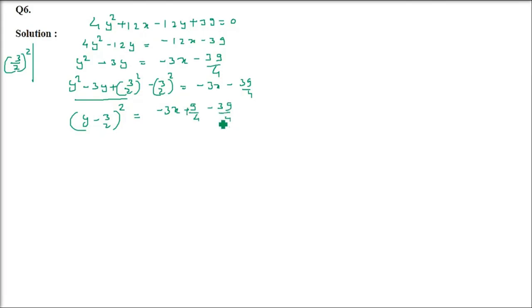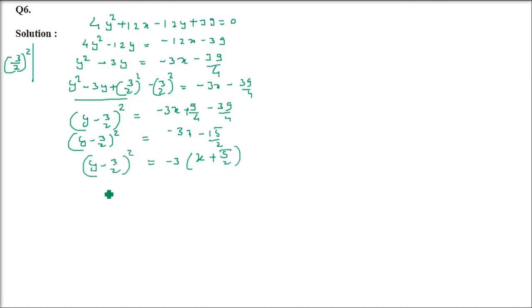9 minus 39 is minus 30. Minus 30 by 4. So minus 3x minus 30 by 4, so that is 15 by 2. And y minus 3 by 2 whole square is here. So we are taking minus 3 common from the right side. So it will be x plus, 15 by 3 is 5 by 2.